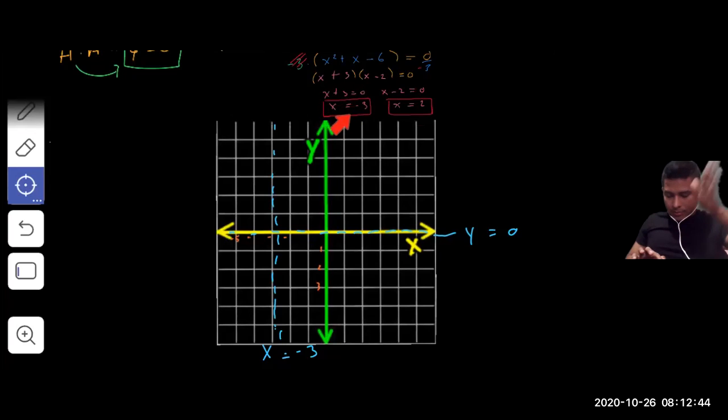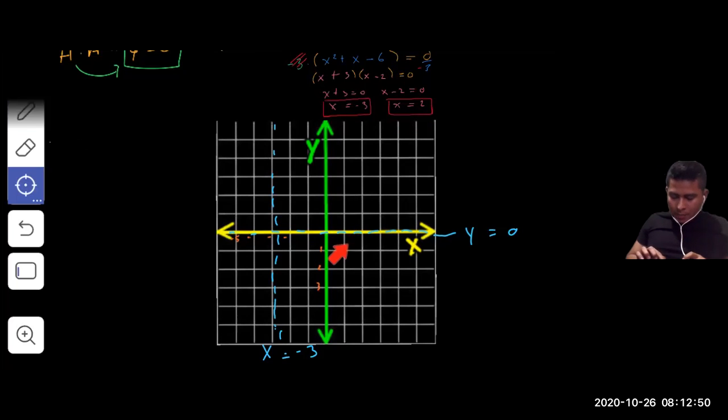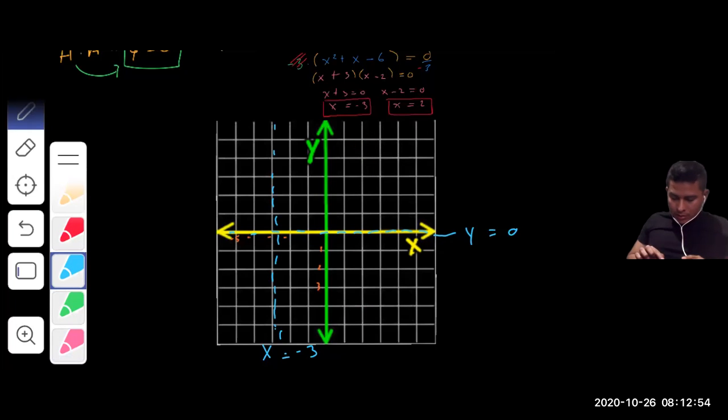Negative 3 and x equals 2. Positive 2, positive 1, positive 2. Here is going to be my second vertical asymptote. Okay, guys, we did it.